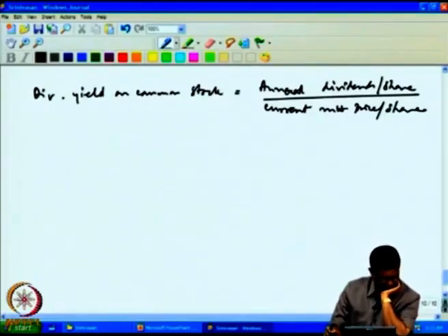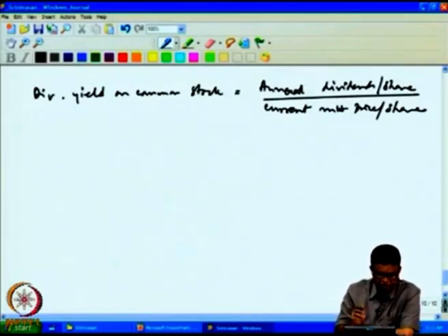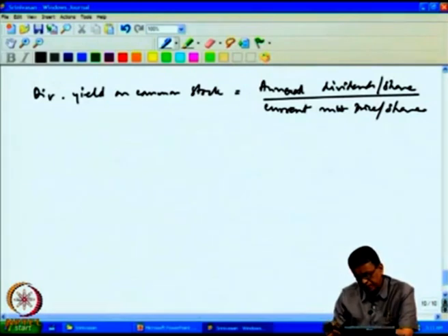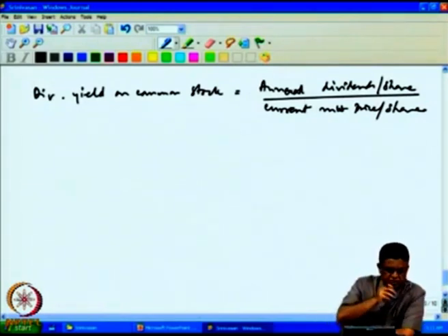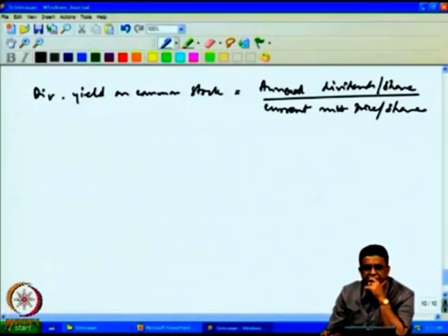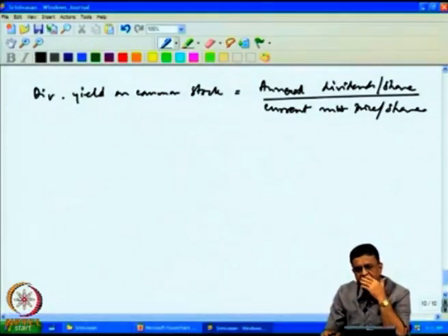It gives you a measure of the returns to the owners received in the form of dividends. So, how much does it pay for you to hold the stock of a company? Suppose you hold the stock of a company, say like Infosys, how much does it pay? So, this is what I was trying to discuss in the previous classes. The current price per share of Infosys is rupees 5.